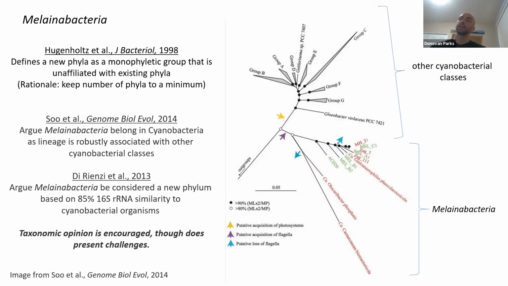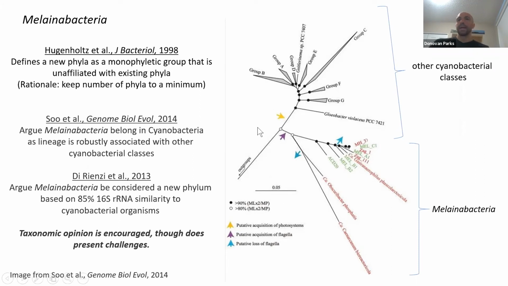The idea is that a new phylum should be a monophyletic group that is unaffiliated with existing phyla. The rationale is that we want to keep the number of proposed phyla to a minimum, and a phylum should really mean a line of primary descent that doesn't consistently associate with some other group of organisms, because if it does, then we should combine those all into a single phylum.